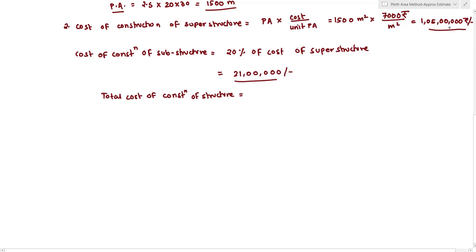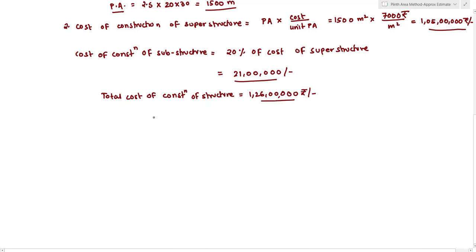So 1 crore 5 lakh rupees plus this 21 lakh rupees. So total cost of construction of a structure will be 1 crore 26 lakh rupees.